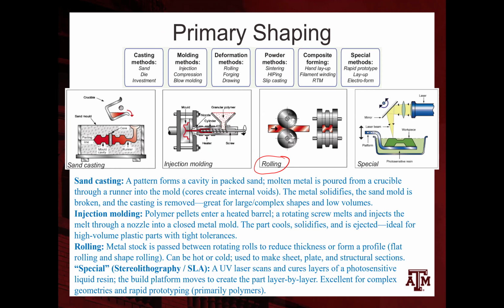We can use some kind of casting, so basically solidification, whether it's sand casting or injection molding, depending on whether we are dealing with metals or polymers. There are also other laser-based techniques that are more advanced. With something like ceramics, we can use sintering methods.